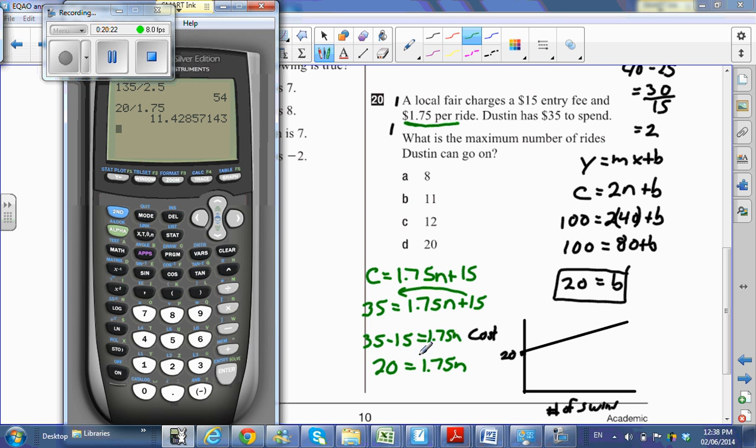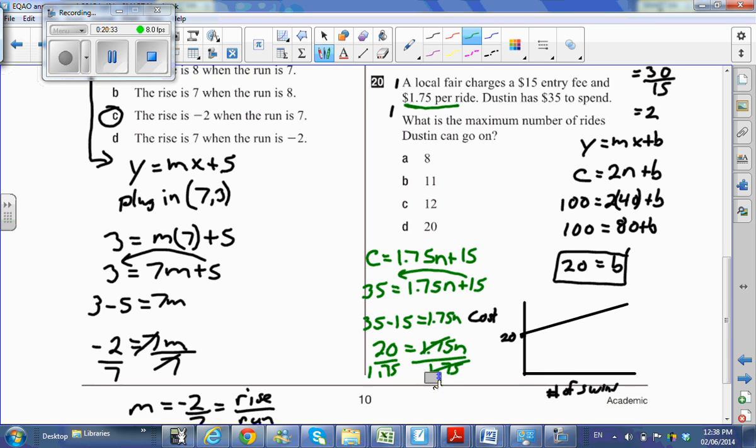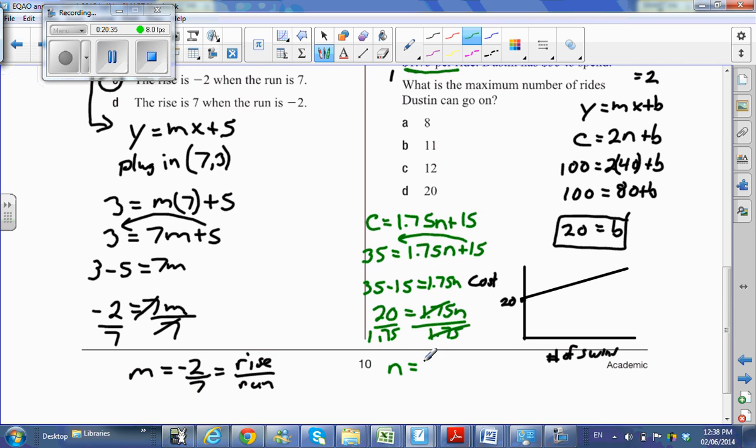So yeah, I get 11.4. I almost wish it was 11.6. Then I think a lot of people would be jumping at 12, but does everybody agree 12 would make it go over that amount? So even if it was 11.9, we could only afford 11 rides. So the answer here would be B.